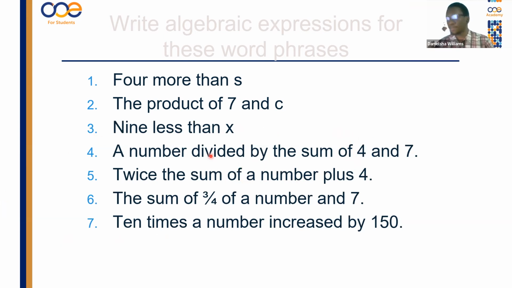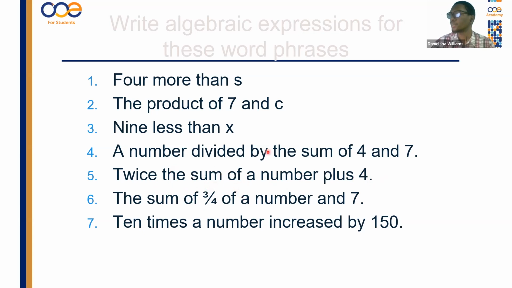All right. So just for the final three, since we really don't want to redo it. For number 5, we have twice the sum of a number plus 4. So first of all, we would add these numbers. So it's x plus 4 and then multiply it.